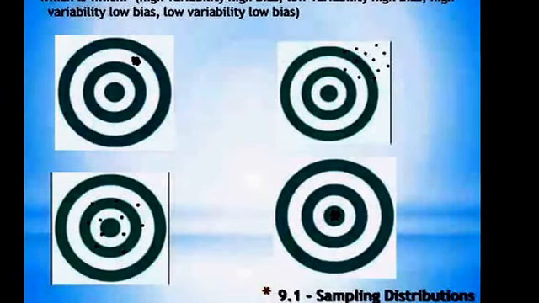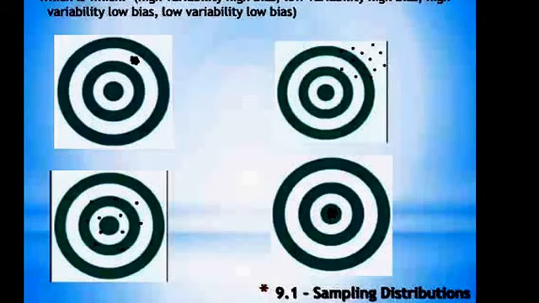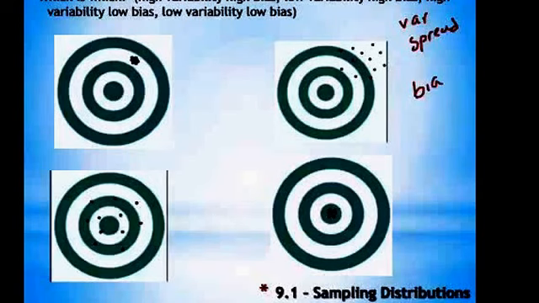Here, I want you to see which is which. High variability, remember variability is how spread out your data is. And bias is how much from the center it is. It talks about the center. So if I have high bias, that means I have a lot of bias, which is it's very far from the center.